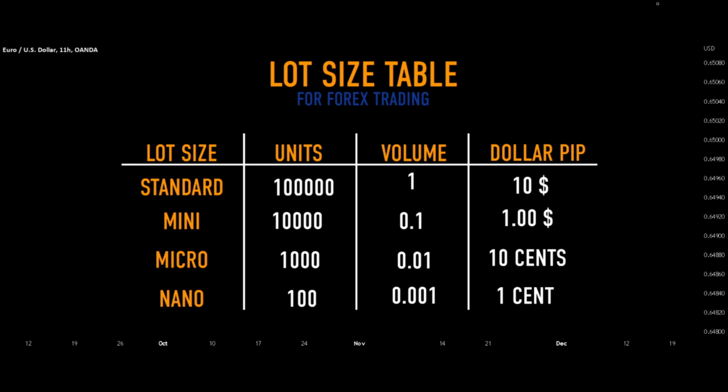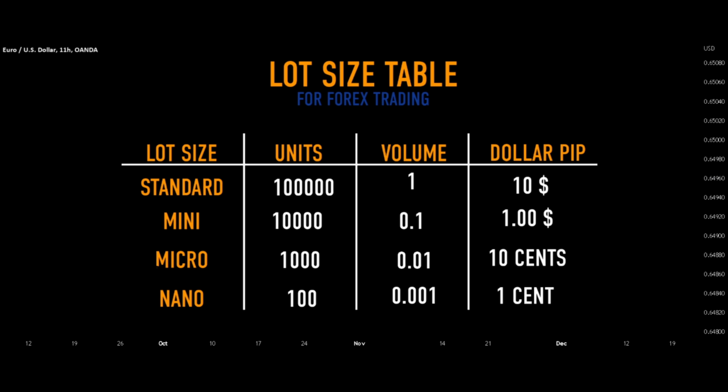So we have different types of lot size. First we have the nano, the micro, the mini, and the standard lot. In most brokers, the nano lot size doesn't actually exist. In most brokers, you start seeing the micro lot size, which is from 0.01 to 0.09.